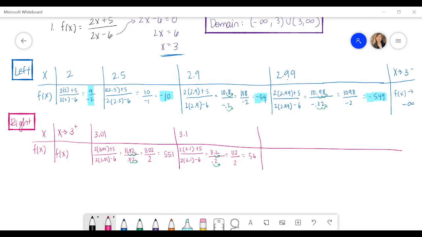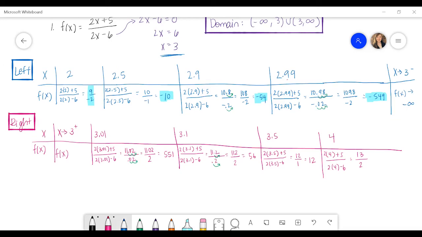Okay, let's do 3.5. 2 times 3.5 plus 5, over 2 times 3.5 minus 6. 2 times 3.5 is 7, so add 5 and you get 12. 7 minus 6 is 1, so we just get 12 there. And let's do 4. Again, 1 digit away on the number line, so 2 times 4 plus 5, over 2 times 4 minus 6. 2 times 4 is 8 plus 5 is 13, and 8 minus 6 is 2.